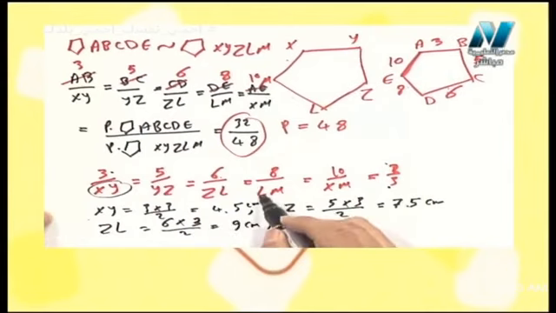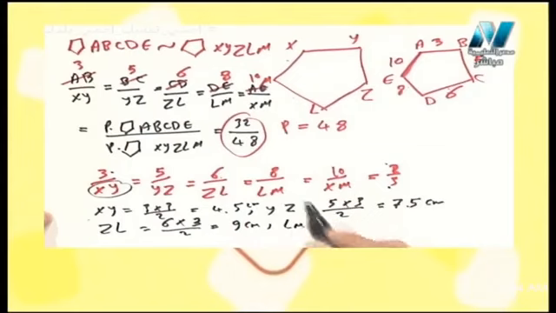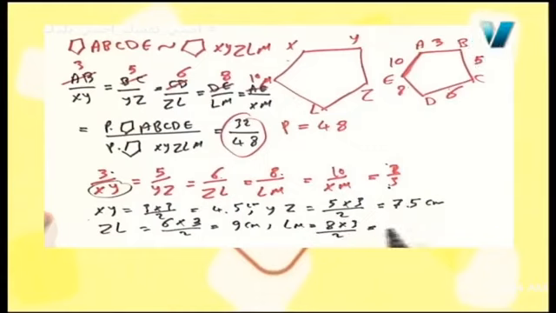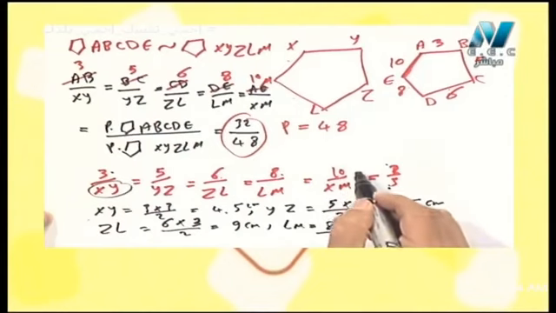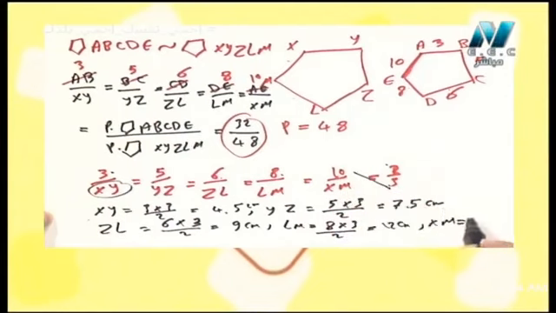And to find LM, 8 times 3 over 2 equals 12. And to find XM, 10 times 3 over 2 equals 15 centimeters.